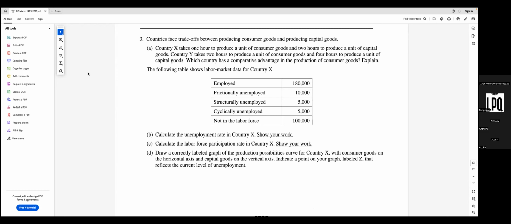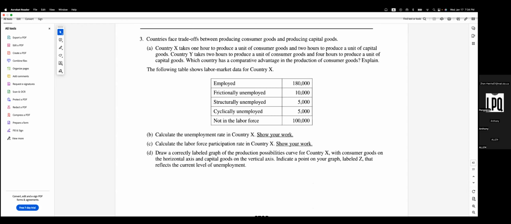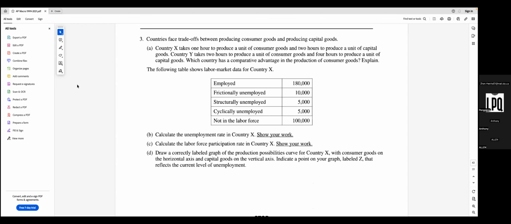It shows you how you actually calculate the unemployment rate and the labor force participation rate. Maybe I'll give you guys 5 to 10 minutes. Let's try to finish question 3 here, and then later we check it. We'll give you guys 10 minutes.